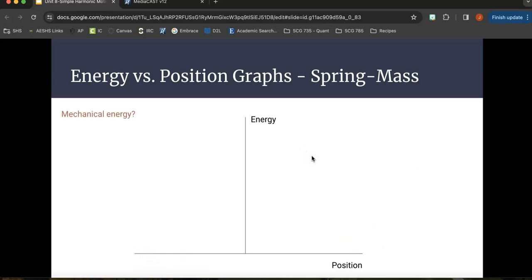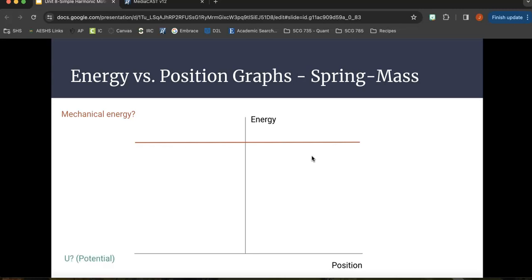All right, mechanical energy. The question you should ask yourself is there any work done? Because that would cause mechanical energy to change. There is no force acting on the spring mass system as long as it's on a frictionless table. And so therefore, total mechanical energy stays the same, no matter what position it's at.